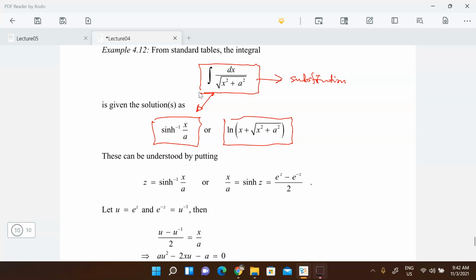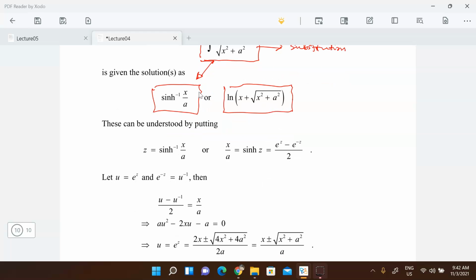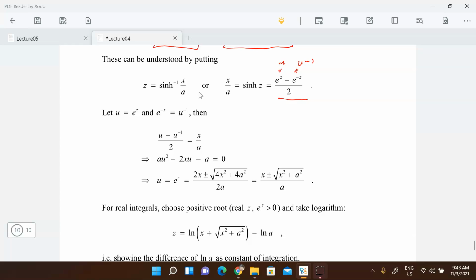So now one needs to understand how these are equivalent to each other. What one does is to write this in this manner. You write your z as arcsine of x over a, so x over a equals sine z, which is now written in terms of that. Then you use the same technique again. This is just equal to u, this equals u inverse, and then you solve your quadratic equation by rearranging this equation.